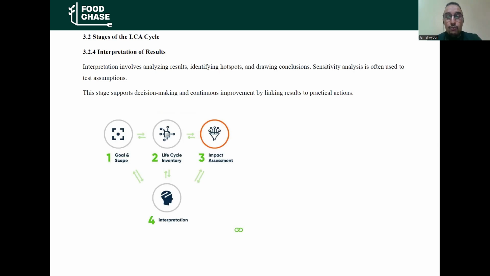Sensitivity analysis is often used to test assumptions using different materials, statistical analysis, or software, for example, to define the analysis of your results and then interpret them. This stage supports decision making and continuous improvement by linking results to practical actions directly in the process chain.